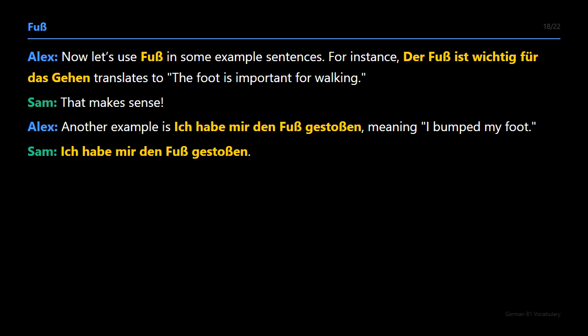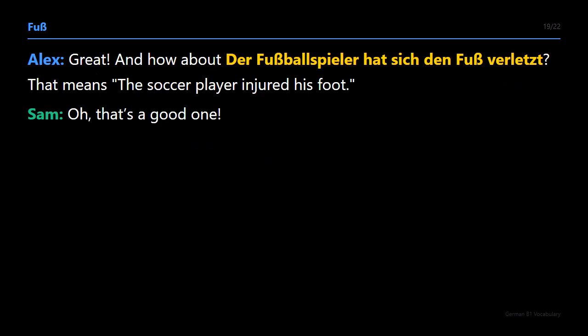That makes sense. Another example is, Ich habe mir den Fuß gestoßen, meaning I bumped my foot. Ich habe mir den Fuß gestoßen. Great. And how about, Der Fußballspieler hat sich den Fuß verletzt, that means the soccer player injured his foot.